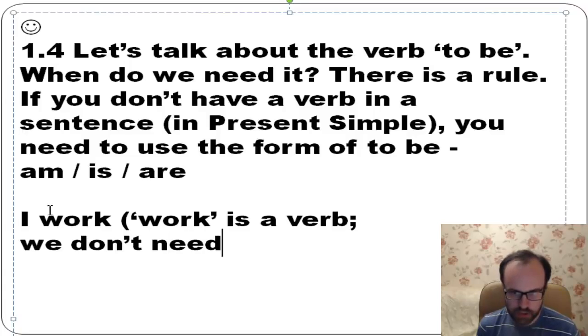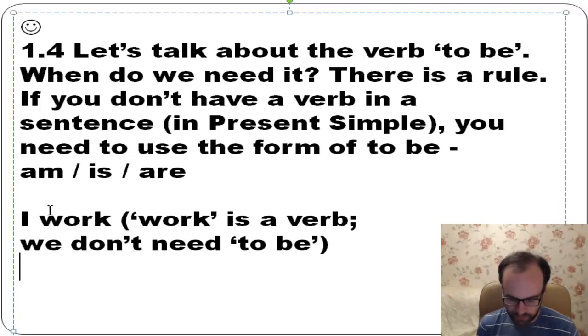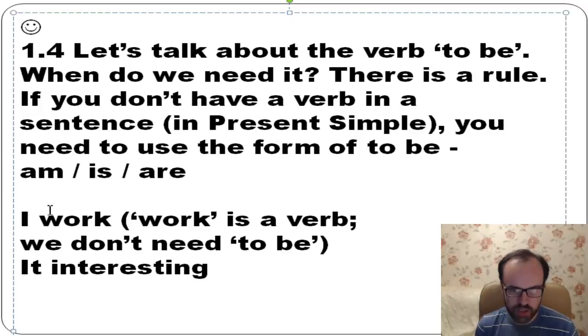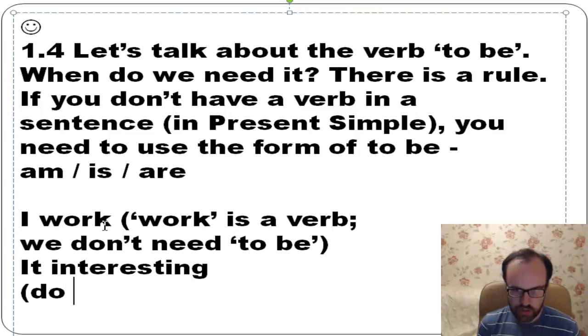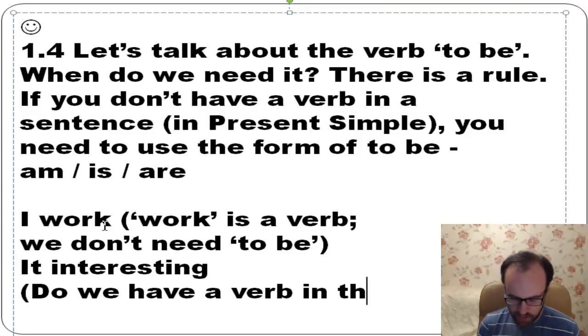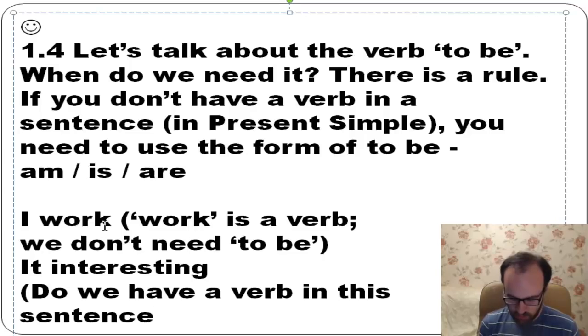Next, eat interesting. Do we have a verb in this sentence?